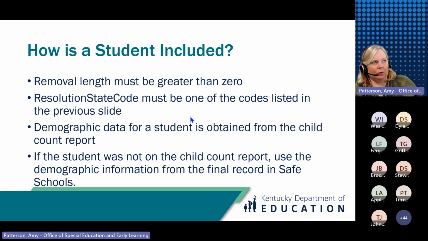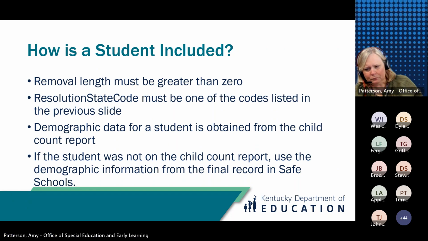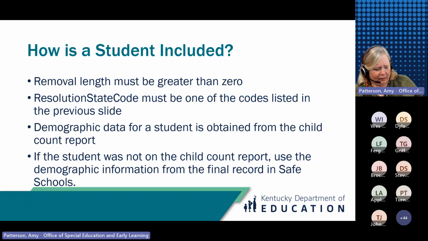Now there were some of you where I went through the Safe Schools report last week and I saw a bunch of zeros. Sometimes the removal is only like a minute and a half, and that's probably going to be a 0 length, and that's fine. But if it looked like the student was removed from 8 to 3 and it was a 0 length, inevitably that is because that was a non-instructional day.